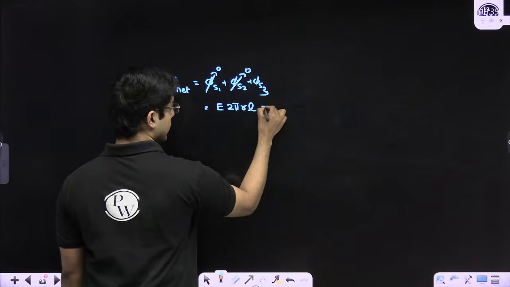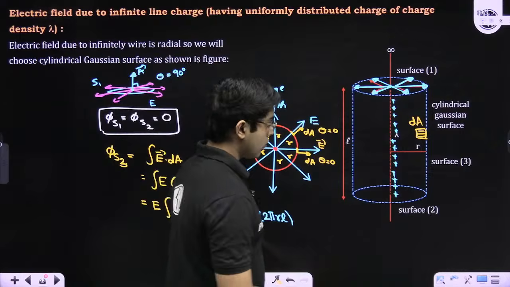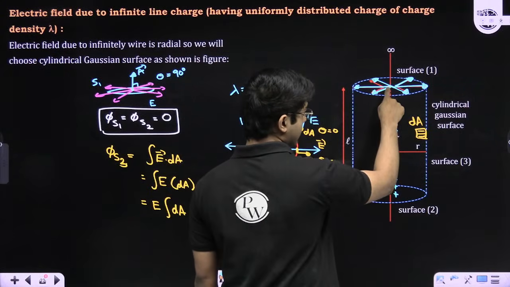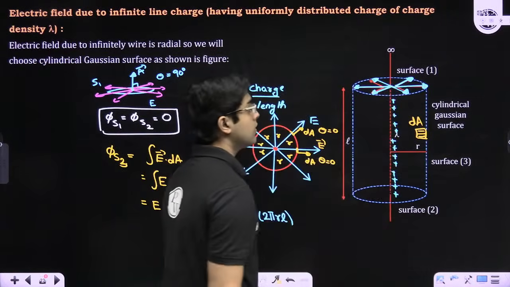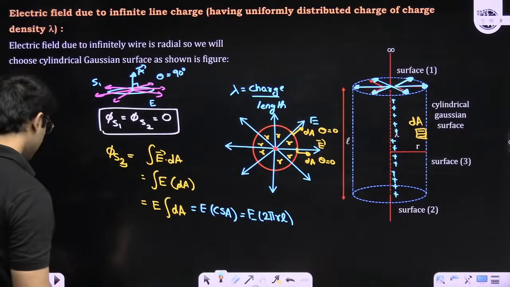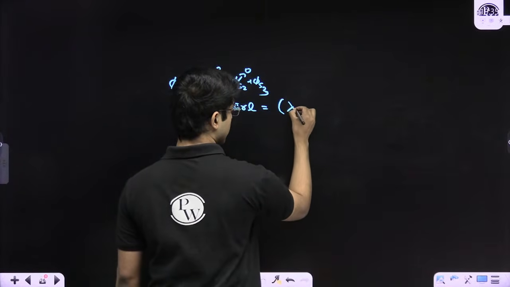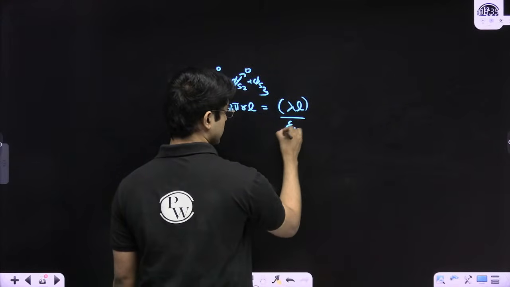Now this will be equal to Q enclosed by epsilon naught. Now Q enclosed, this is a cylinder whose length is L, right? And inside we have a line whose length is L. So on this length L, what will be the charge? Lambda into L. So Q enclosed will be lambda into L.